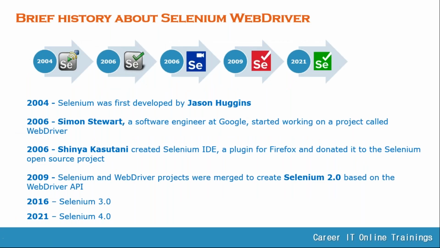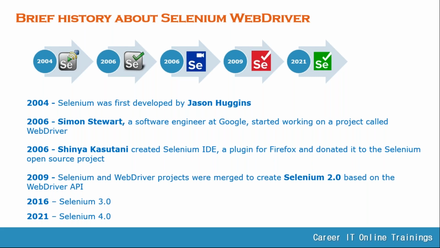Because in the market, during the early years of 2000, like 2001, 2002, we had one tool called QTP. That was one of the oldest automation tools we had earlier. Now they renamed it to UFT, Unified Functional Testing tool.